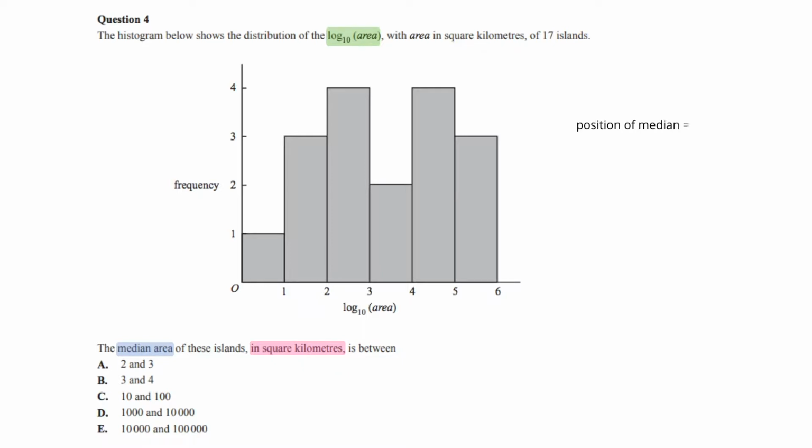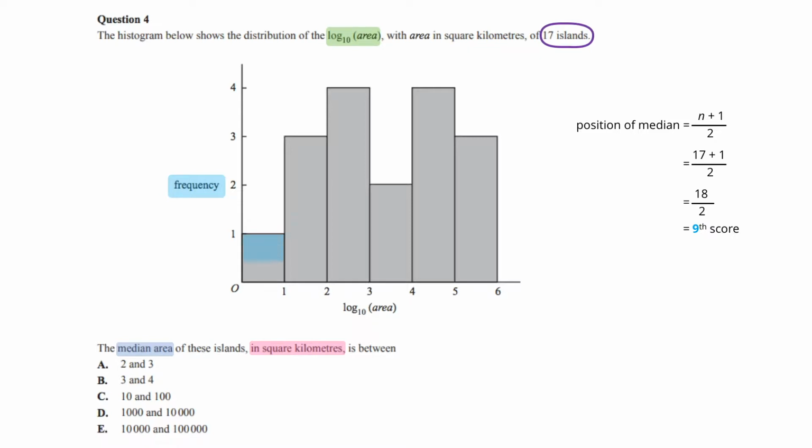First of all, we know that the position of the median is given by the formula n plus 1 all divided by 2, where n is the number of scores. In this case, n equals 17. So 17 plus 1 equals 18, divided by 2 equals 9. So we are going to look for the 9th score.